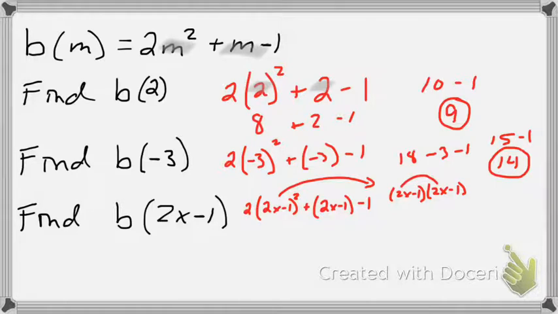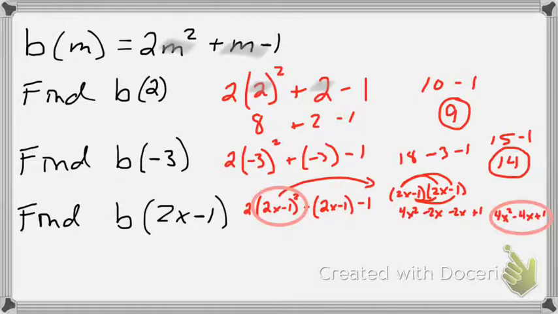So you have to distribute, like we just took a quiz on Friday. Combine like terms. That is equal to 4x squared minus 4x plus 1. Still have the 2 out front of that.